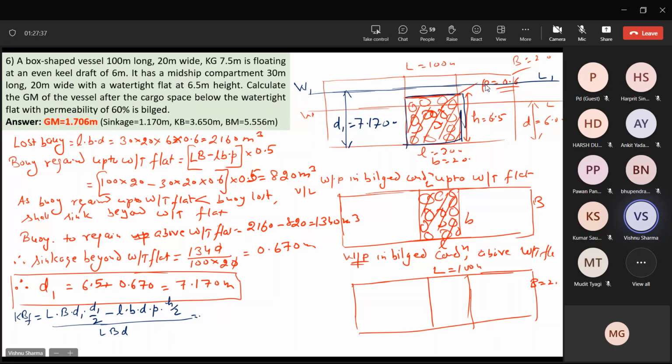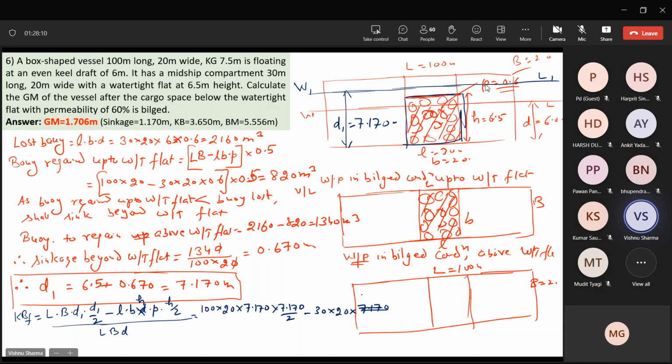When you put the values, 100 into 20 into 7.170 into 7.170 by 2 minus, sorry, my mistake, it is LB, not D. It is H. My mistake, guys. In the formula, it is H.